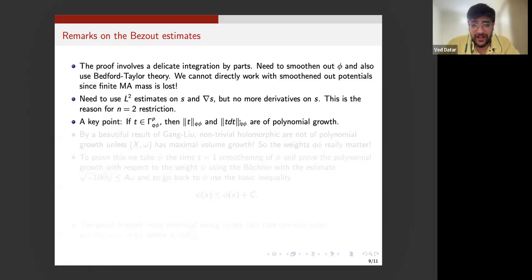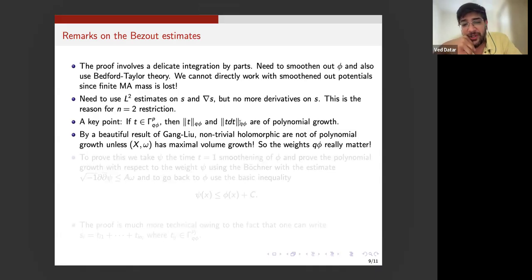Okay. So in fact, there's a beautiful result of Gang Liu that if you take non-trivial holomorphic functions on an X, which let's say has positive bisectional curvature, then in fact they cannot be of polynomial growth unless X has maximal volume growth.